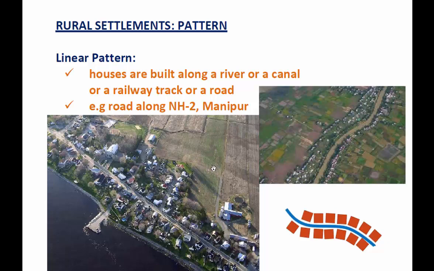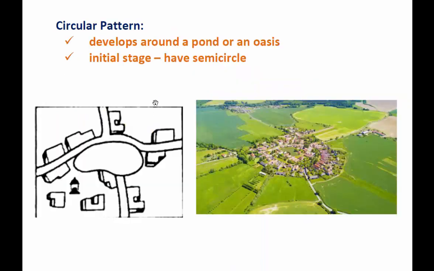Next, another pattern, circular pattern. From this diagram, it developed around a pond or an oasis. You can see from this diagram itself, at the initial stage they will have a semicircle, but later on they will have a complete circle of this very area.